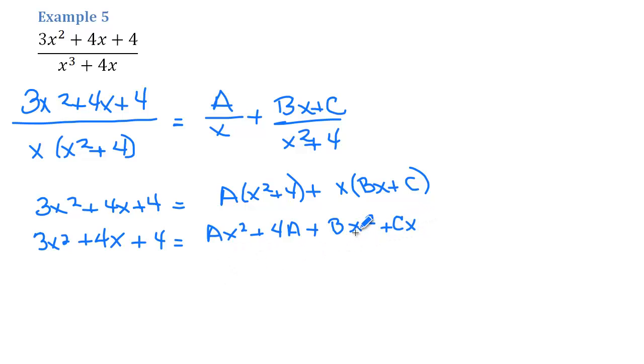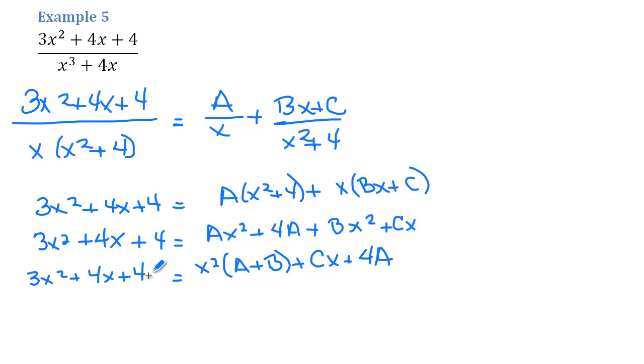So if I write that in descending powers, I will have an x squared times this a plus b, plus cx, plus my 4a. X squared, x, constant. Rewrite that.